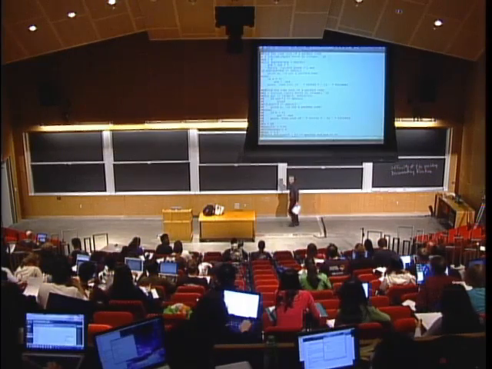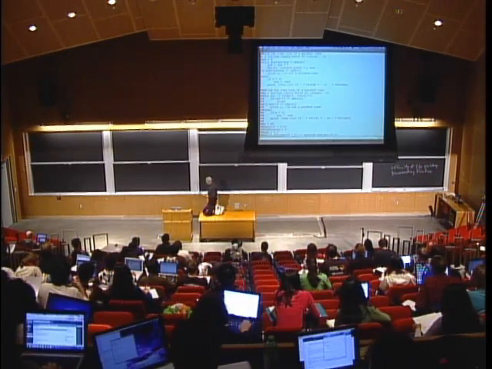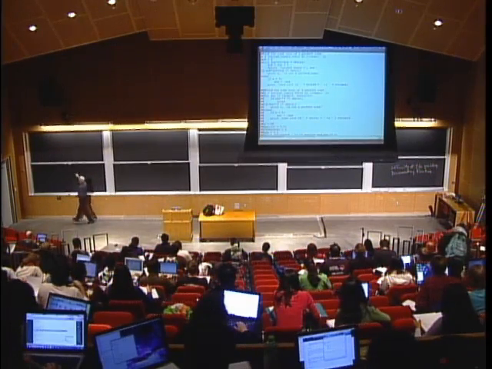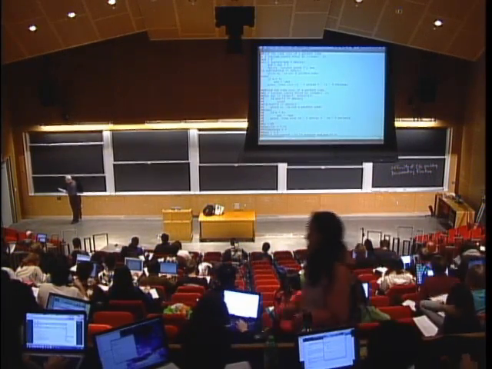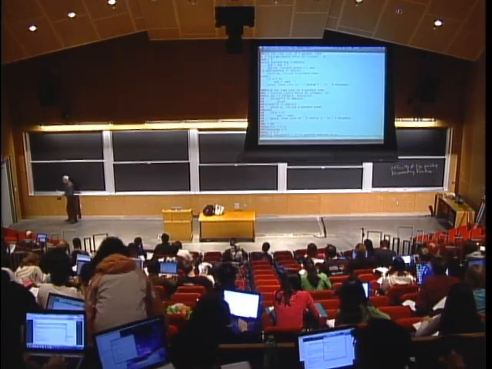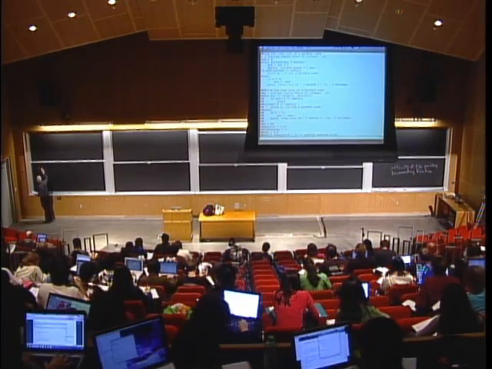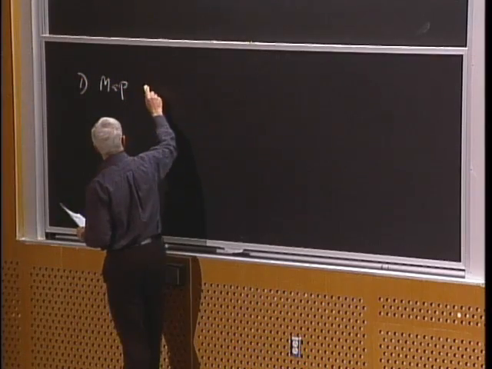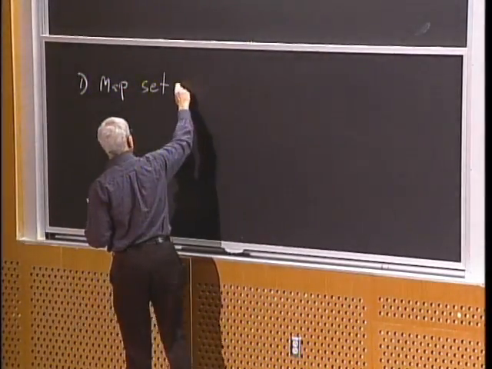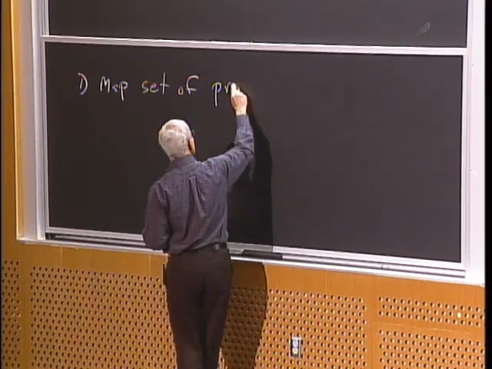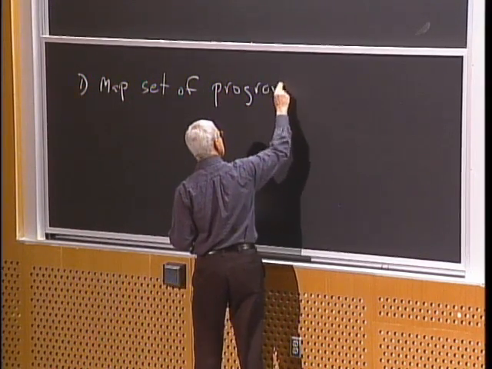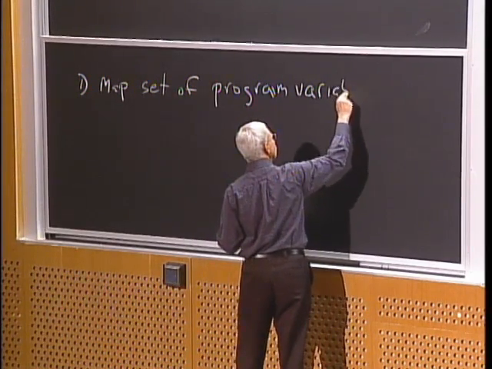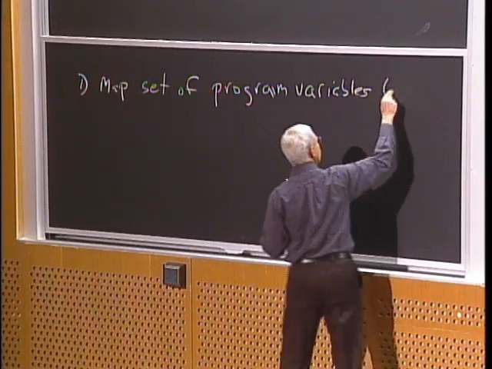We'll go over here where we have a bigger board and look at the properties that a decrementing function needs to have. One, it will map some set of program variables to an integer.